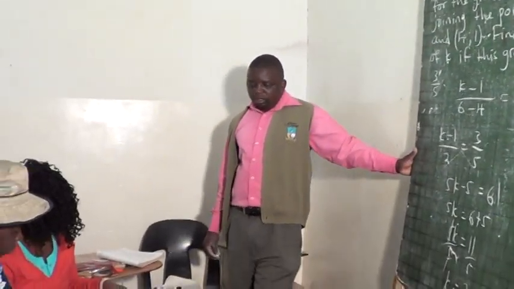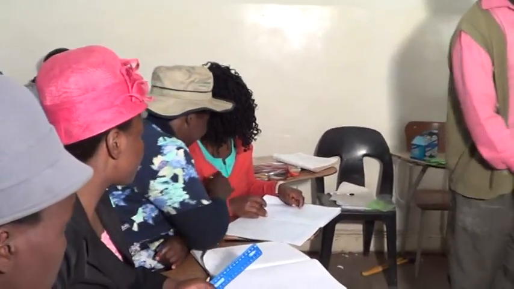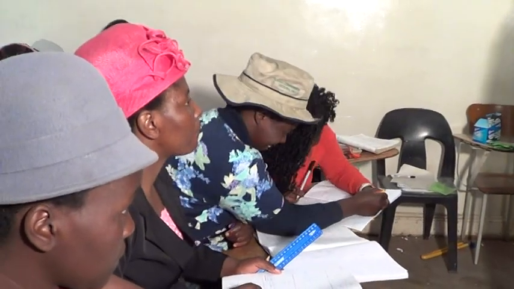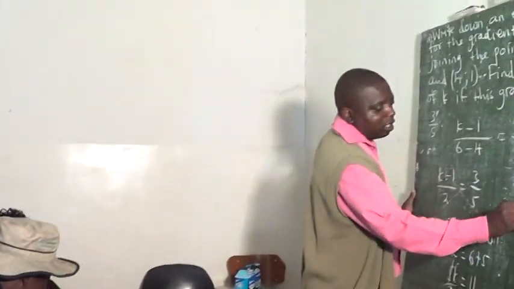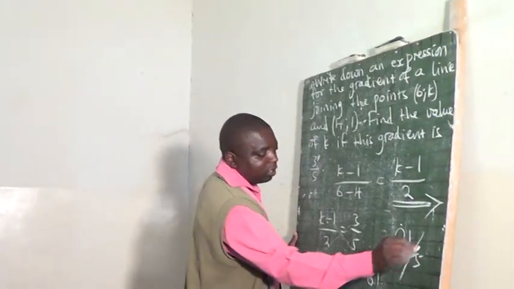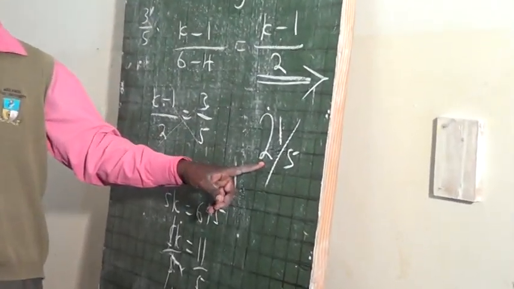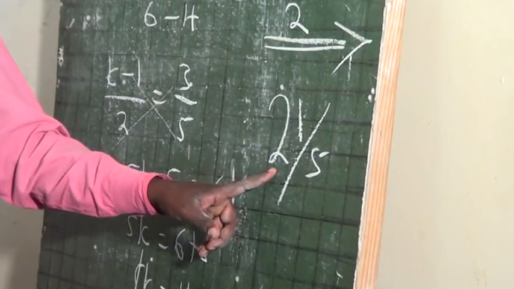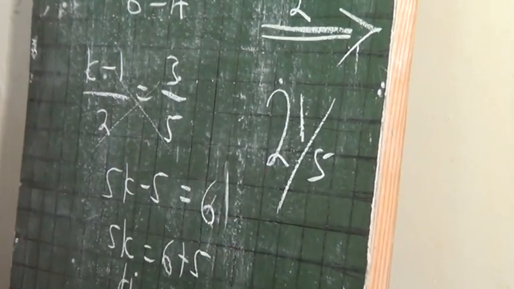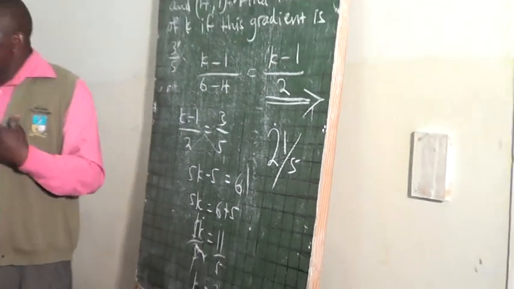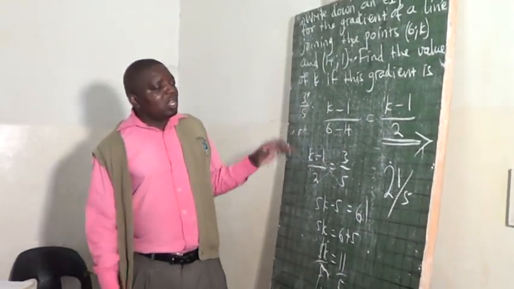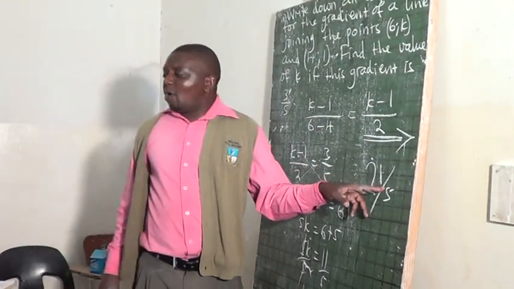Check how the 2 and 1/5 is written. Use a horizontal fraction line.